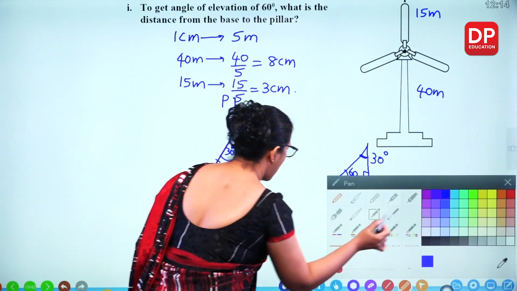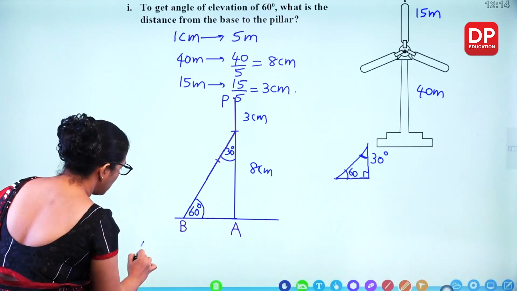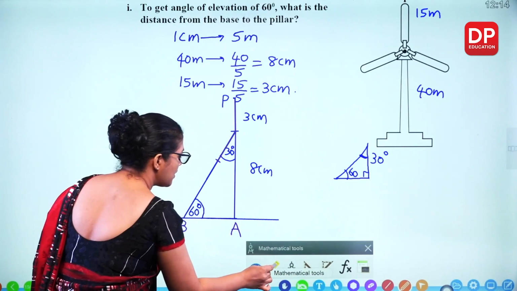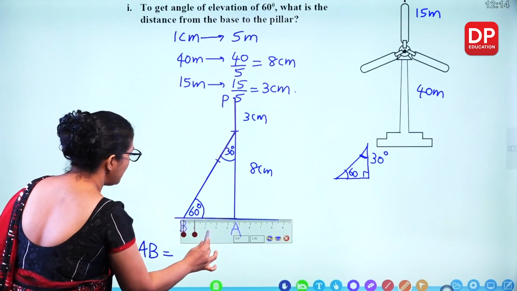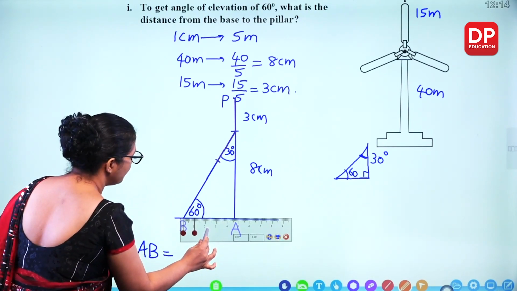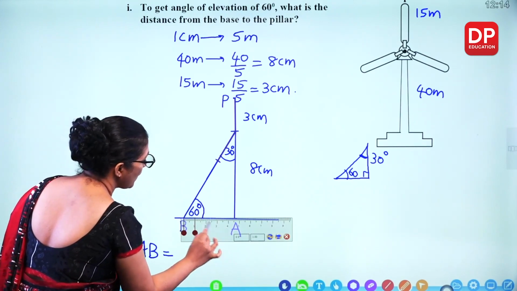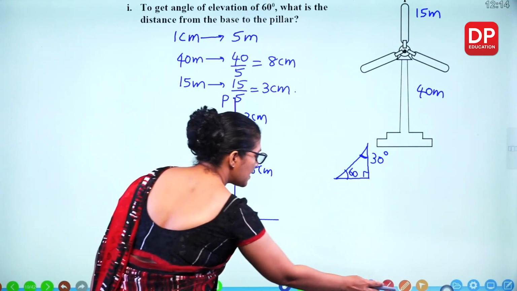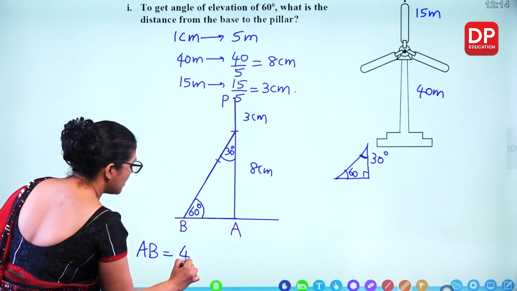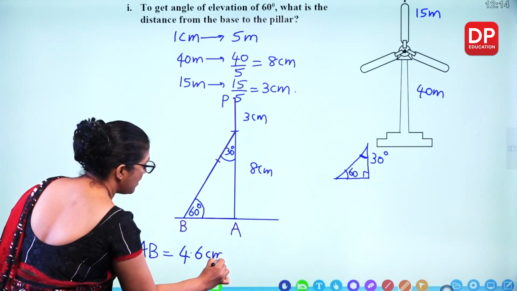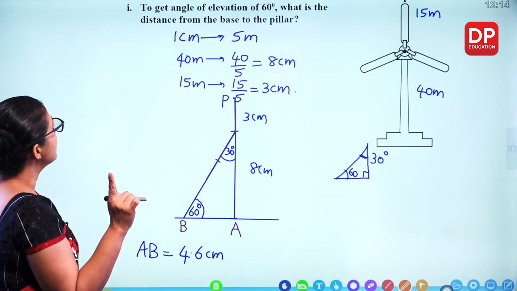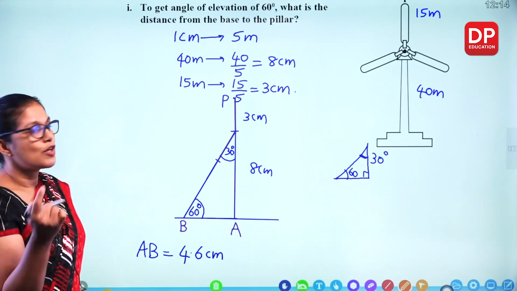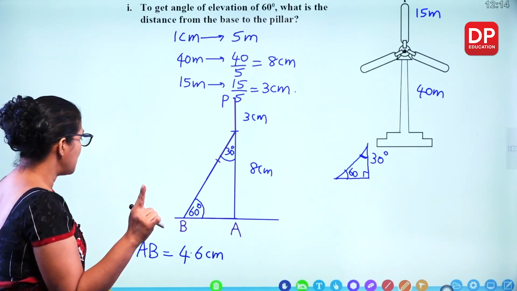So first we can measure AB length in centimeters using the ruler and then multiply by 5. You get 4.6 centimeters and actual length is multiplying this by 5 because 5 meter is 1 centimeter.